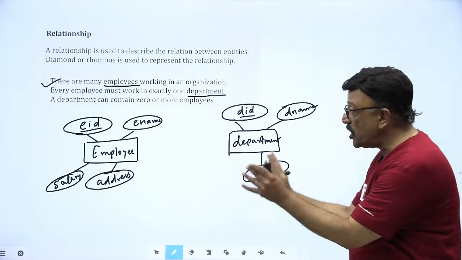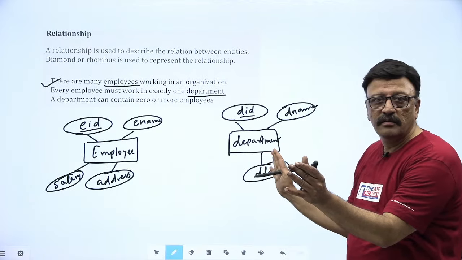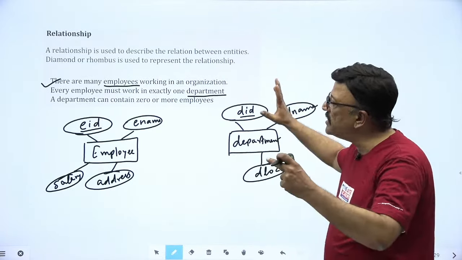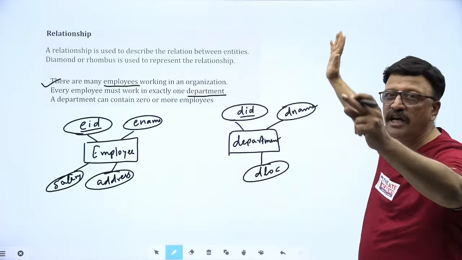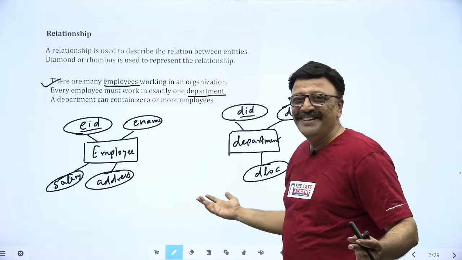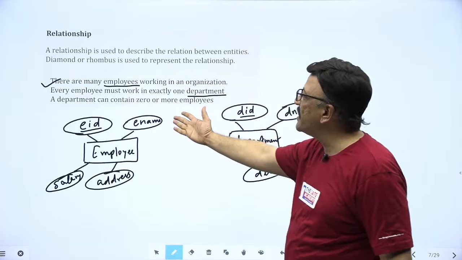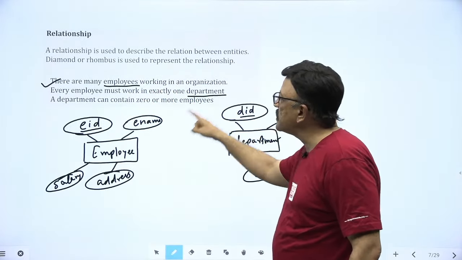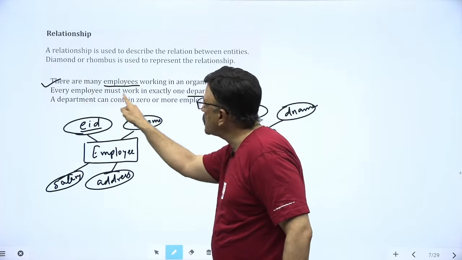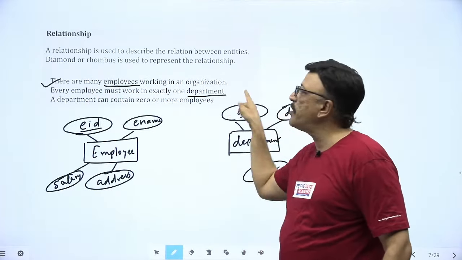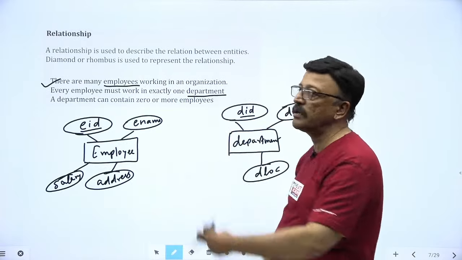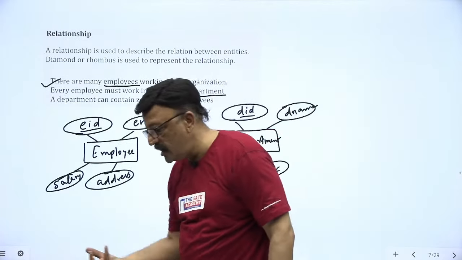Now we have spoken about both the entities, but look at the sentence. Can we leave these two entities? Now enjoy yourselves, enjoy your time. No, you see, clearly the statement says that there are many employees working in an organization, every employee must work in exactly one department. So there is some relation between employee and department. Now, how do you identify a relation?